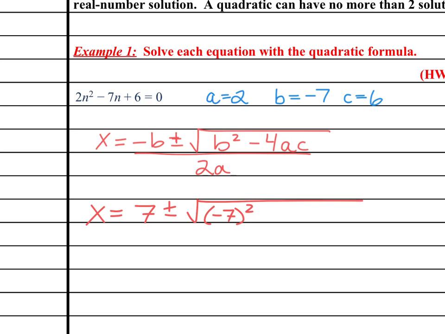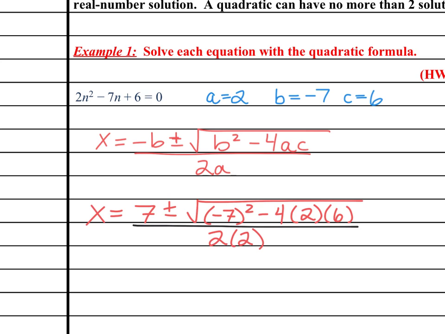B squared minus 4 times a is 2 in parentheses, times c. What's c? 6. So you're literally just plugging it in. And then all of it over 2 times a. So 2 and then parentheses 2.